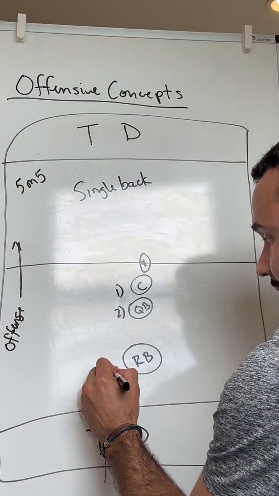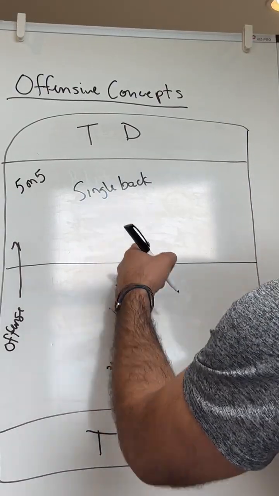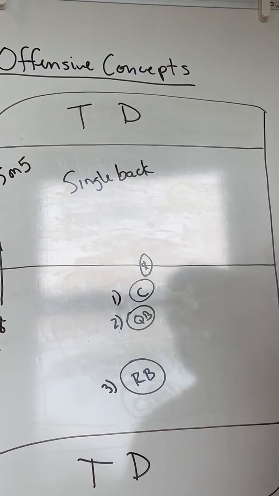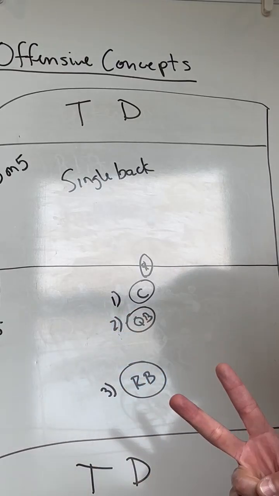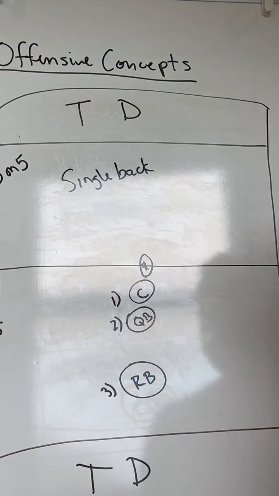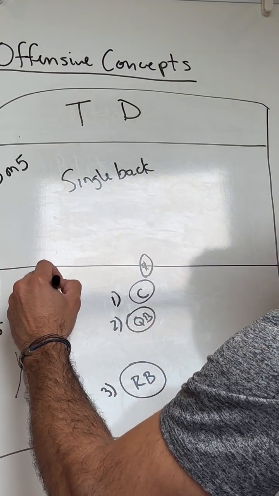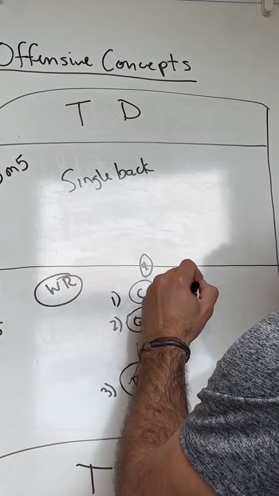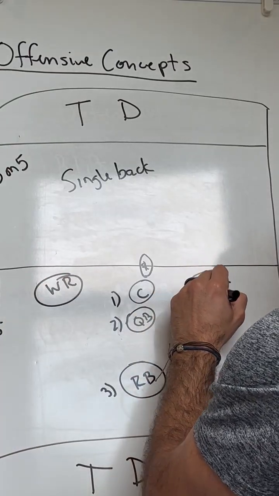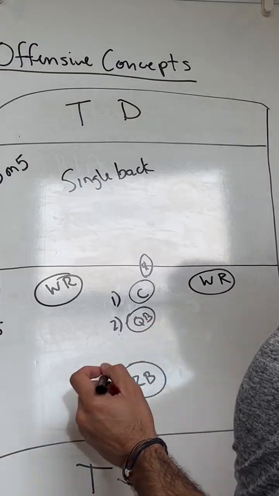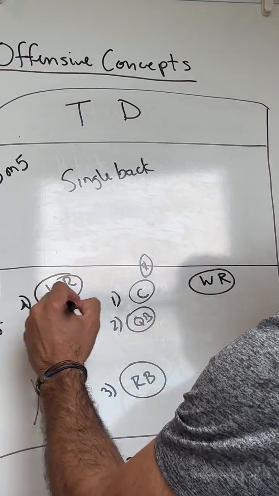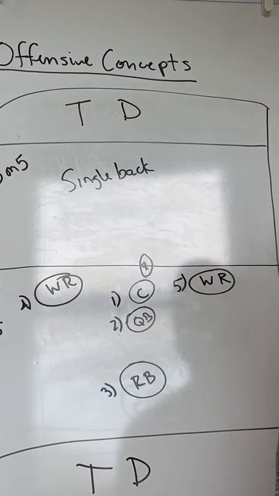This is our third player, single back, and now we have 2 more players to put in a formation. Our base formation in single back is going to be 1 wide out here and 1 wide out here, so this looks like a line. 1, 2, 3, 4, 5.